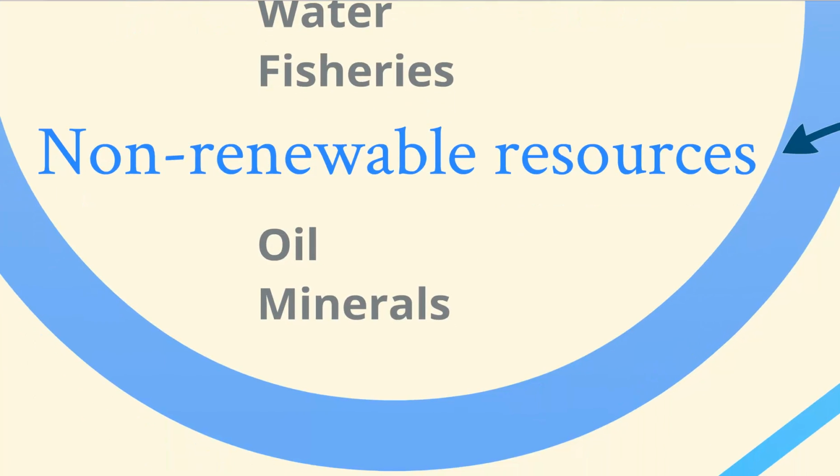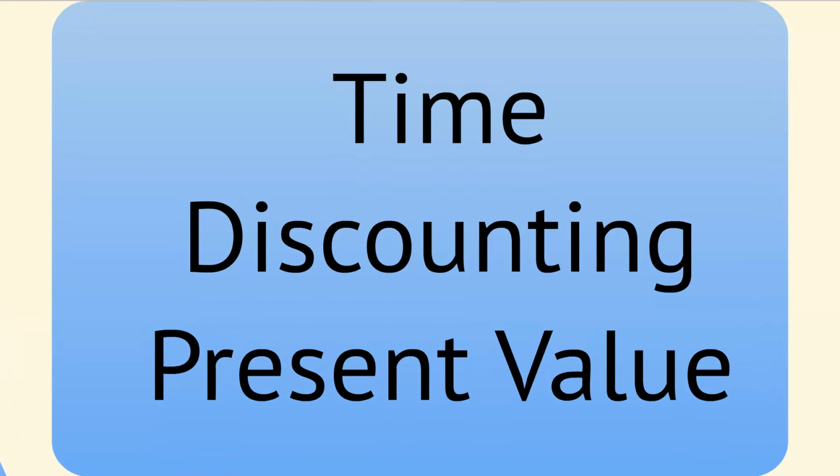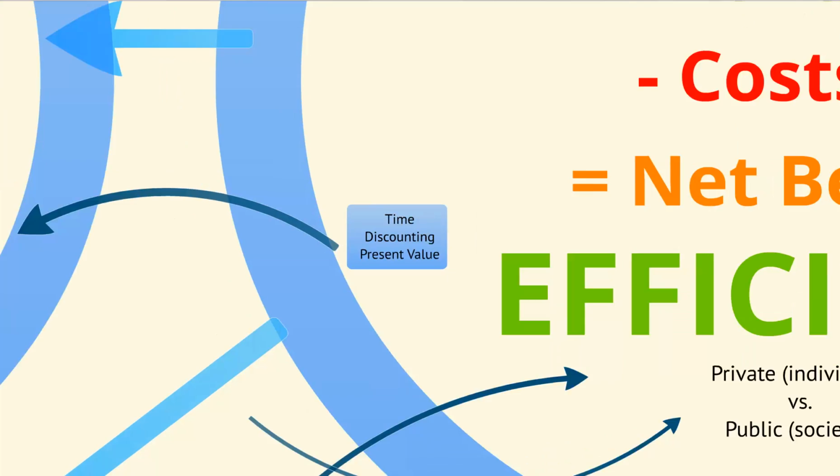Now, if you're dealing with renewable resources, we have to come back and introduce one more and really actually challenging concept from that core set, and that is the issue of time, discounting, and present value, because we need to be able to talk about how benefits and costs that happen at different points in time can be put together. And discounting and present value techniques are what allow us to do that.